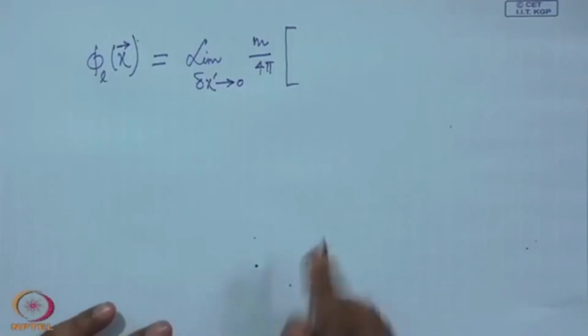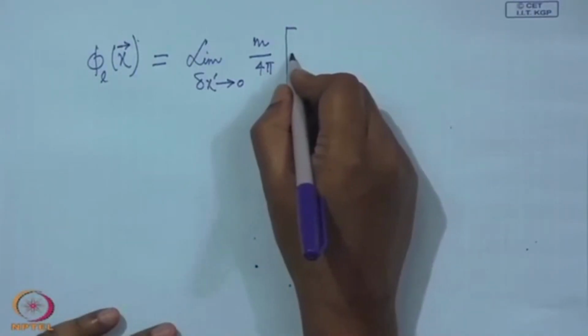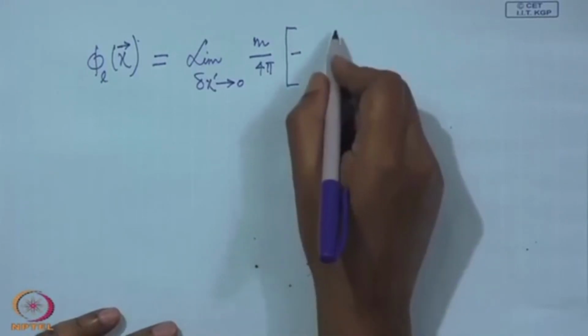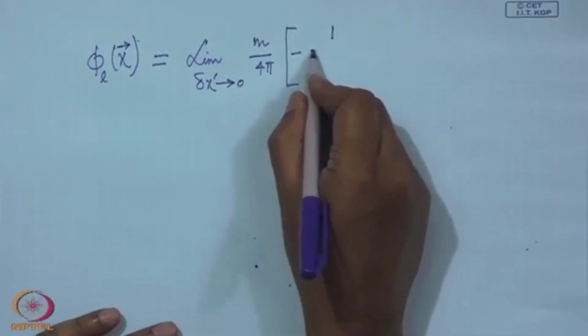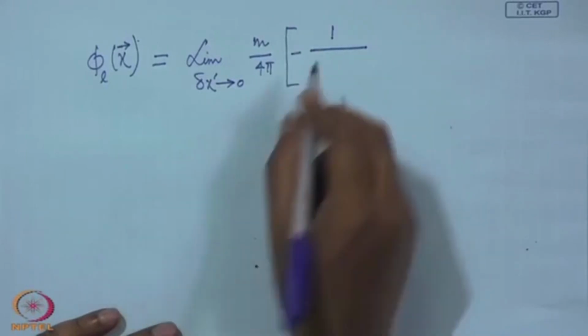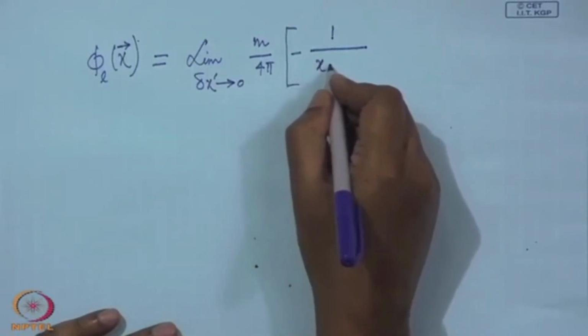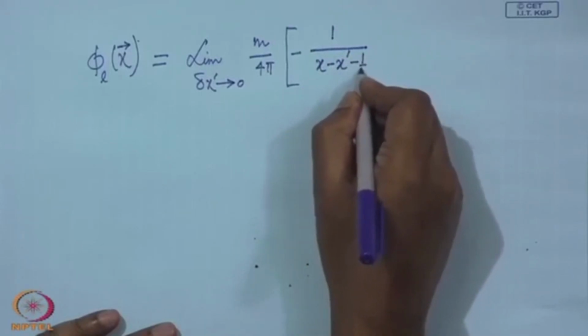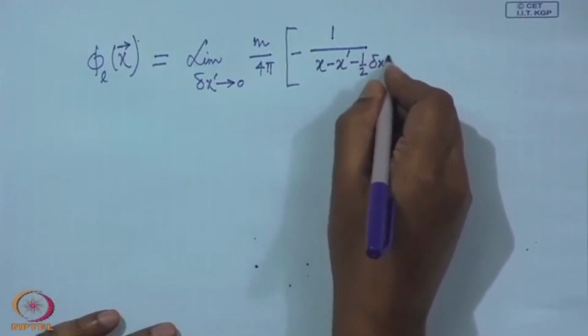What will it be? It is minus 1 by the magnitude of x minus x prime minus half delta x prime.